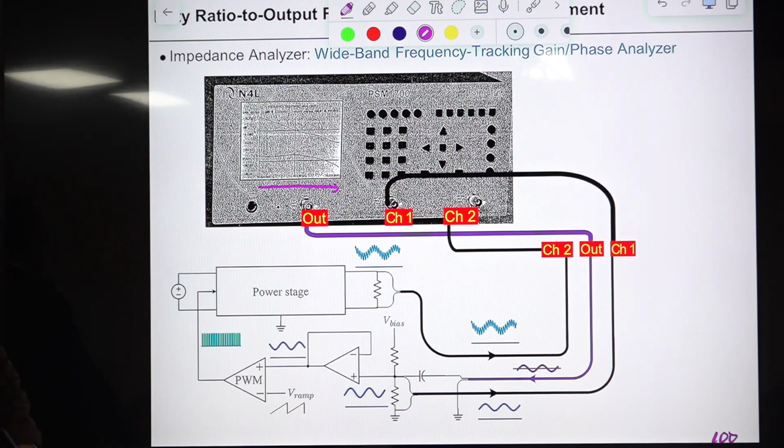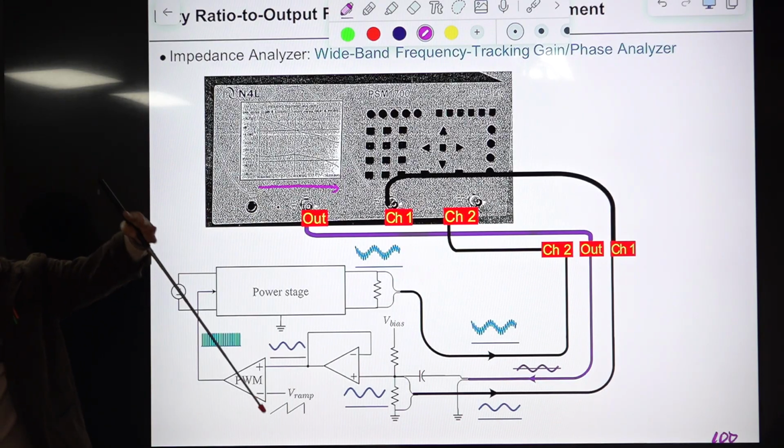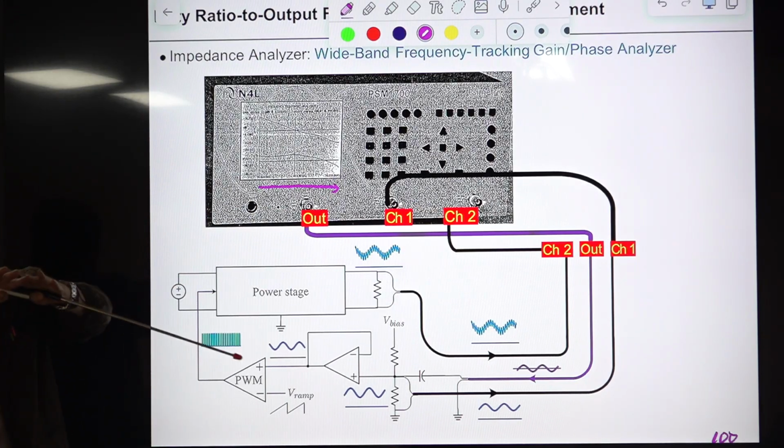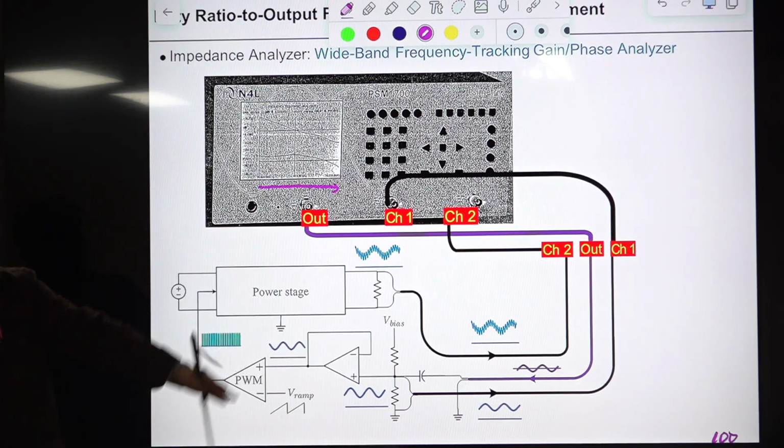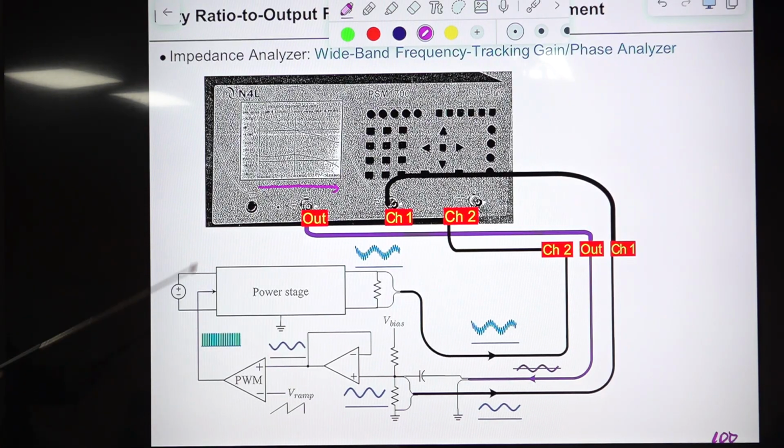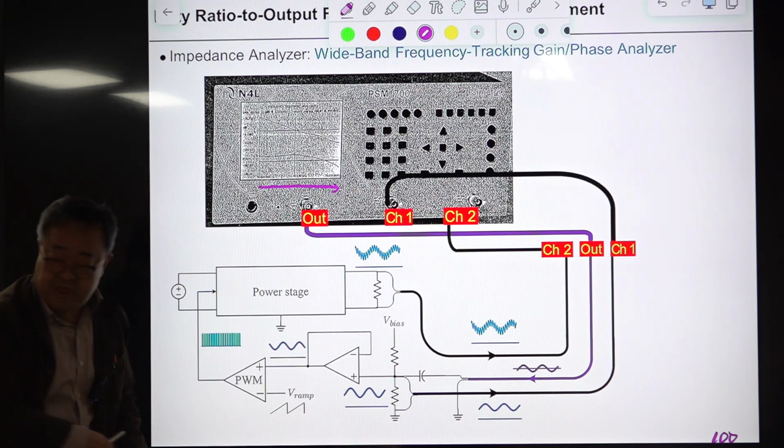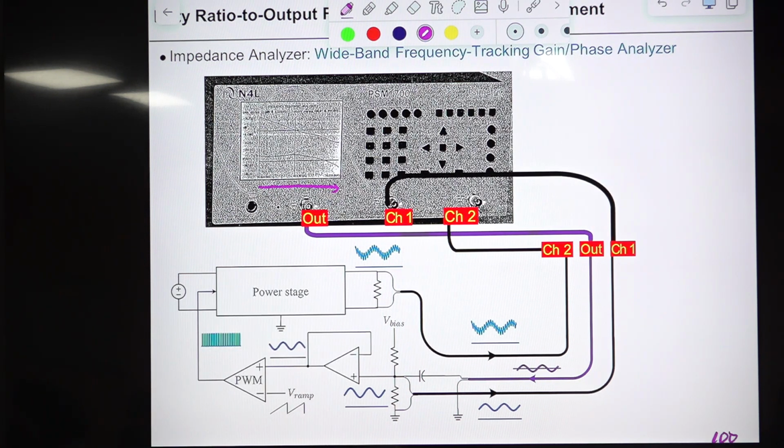For an audio amplifier, you know, the frequency response of the amplifier has mid-band gain, then it rolls down, but this should have very flat gain over a wide frequency range, okay? And frequency tracking, because it should track this component. There is a lot of noise, something like switching noise.